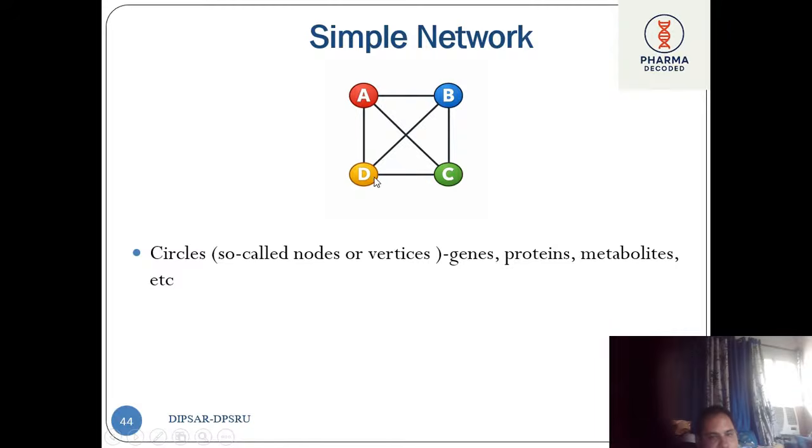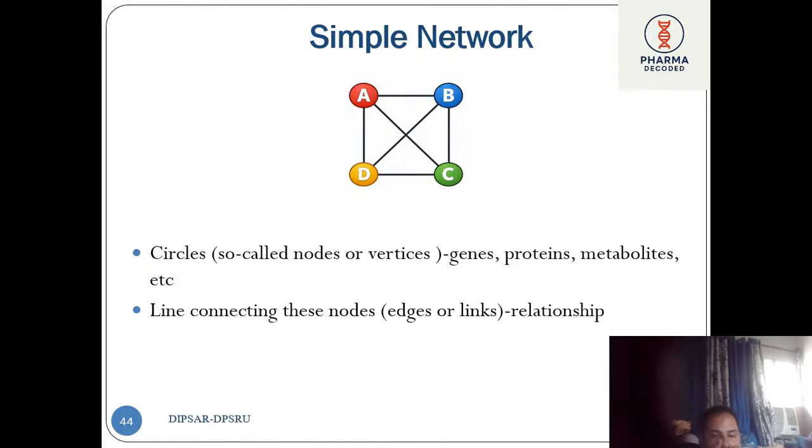If you are dealing with a gene network, it can be a gene. If it's a protein network, it can be a protein. It can be a metabolite network. The lines which are connecting these nodes we call edges or links, right? And that tells you about the relationship, how these nodes are connecting with each other. So this is just a simple network, and it's based on graph theory.